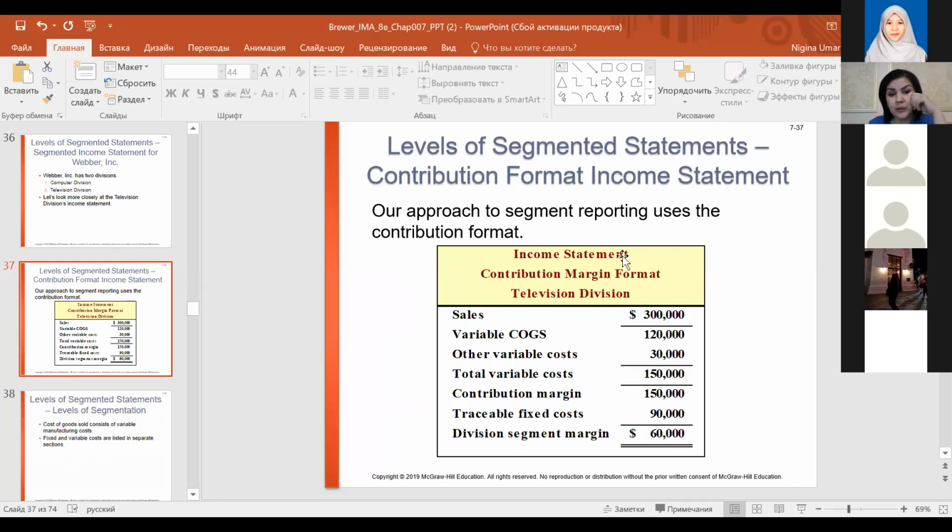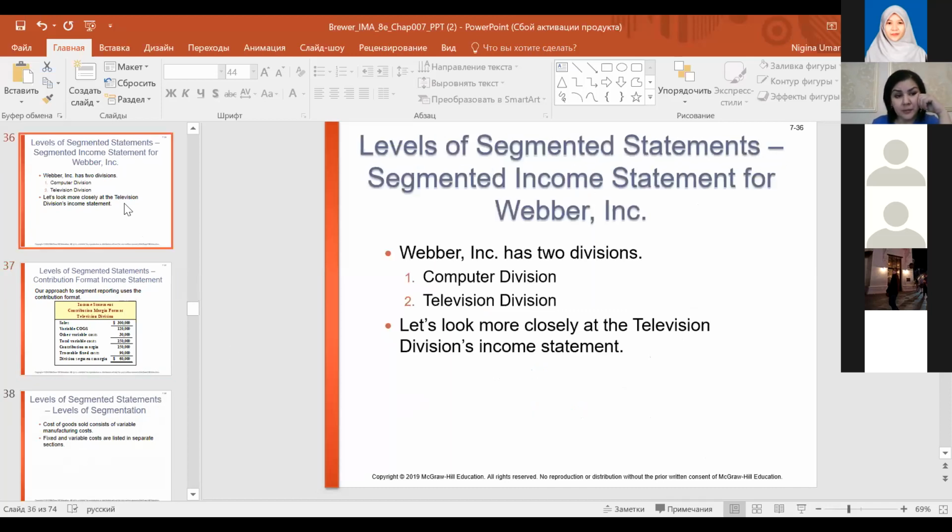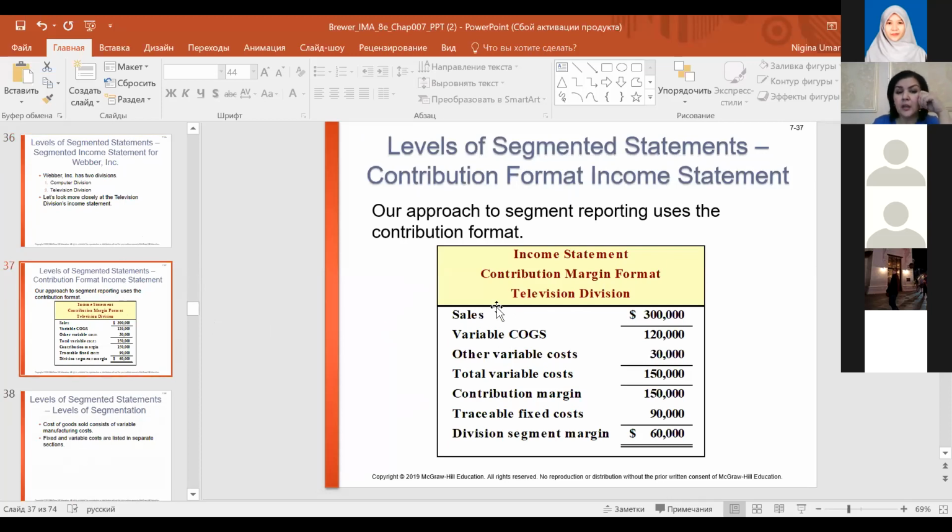Here we have the television division's income statement, in contribution margin format.